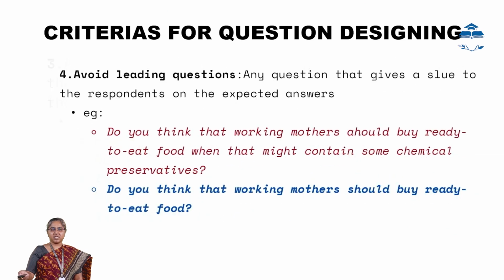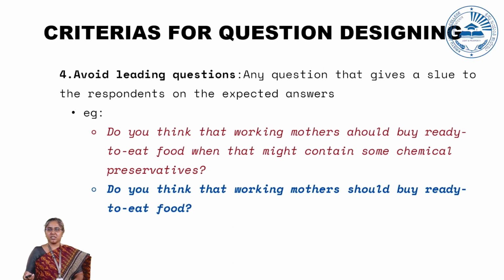The fourth criteria would be to avoid leading questions. In certain questions, you would frame it in such a way that you would force the respondents to give an answer. For example, read the first question. Do you think that working mothers should buy ready-to-eat food when that might contain some chemical preservatives?